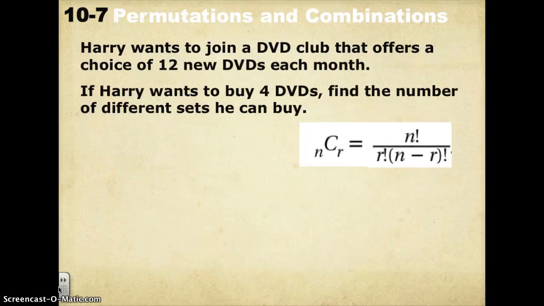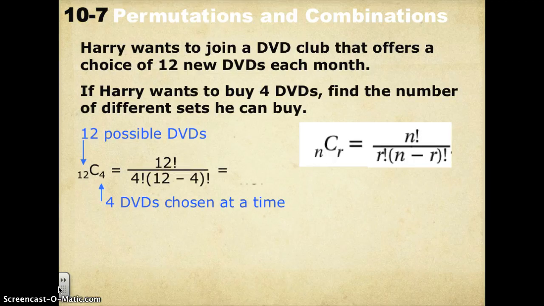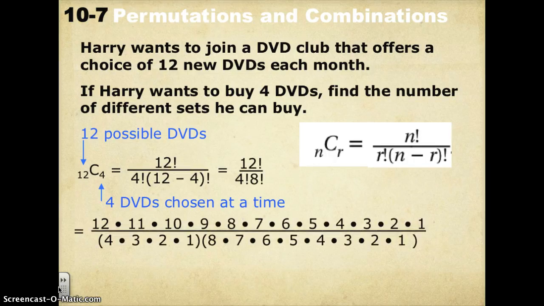Harry wants to join a DVD club that offers a choice of 12 new DVDs each month. If Harry wants to buy 4 DVDs, find the number of different sets he can buy. Again, the way that we know this is a combination is because it's talking about sets of DVDs, so the order doesn't matter. So 12 choose 4, plugged into the formula and expanded.